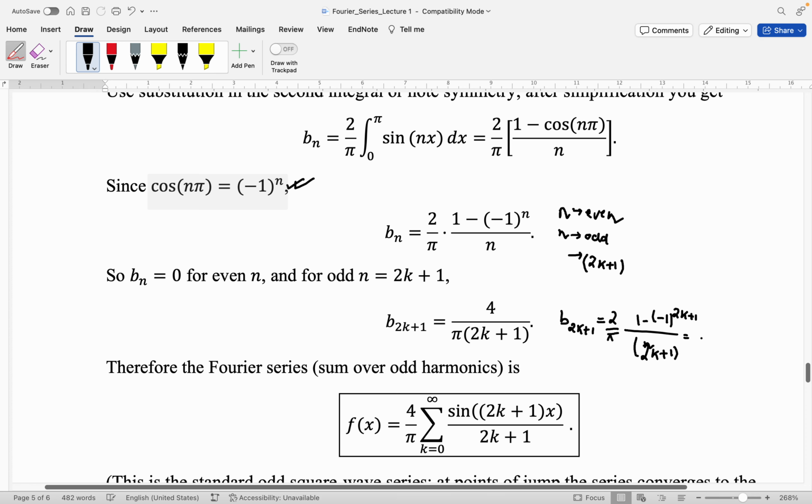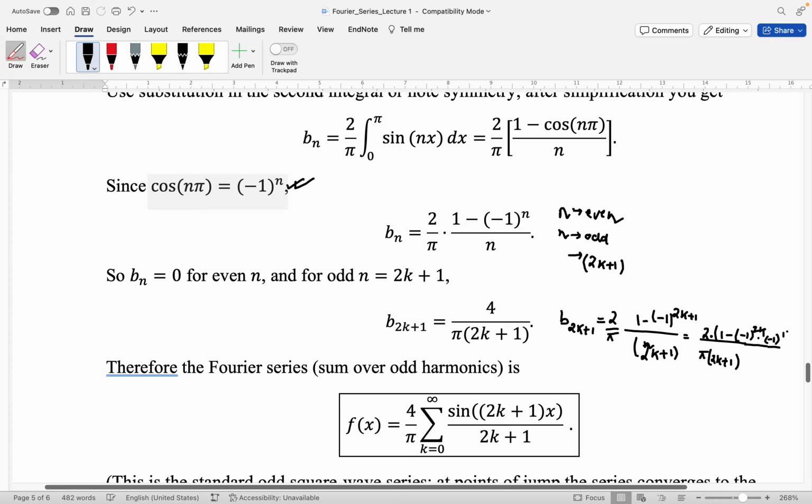So at the bottom it's pi into 2k plus 1, and here it is 2 into 1 minus (-1) to the power 2k. If you separate it out, you take separate bases. 1 minus, the first term would be (-1) to the power 2k into (-1) to the power 1.